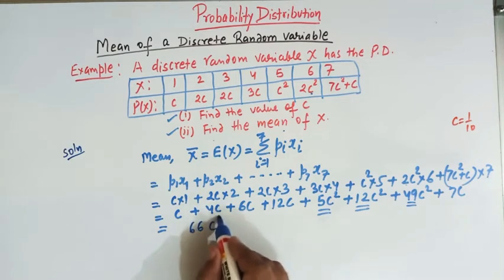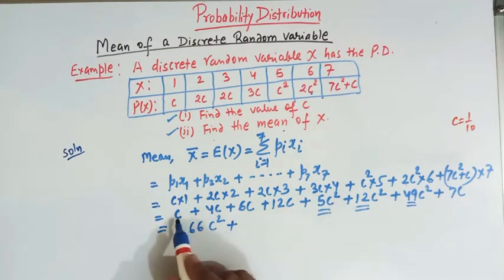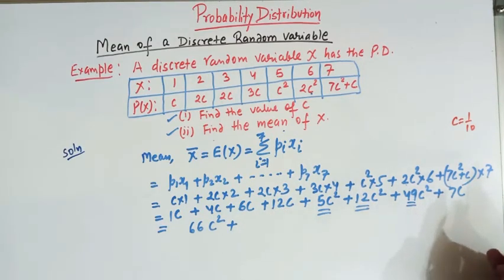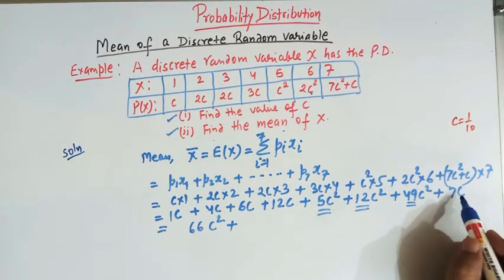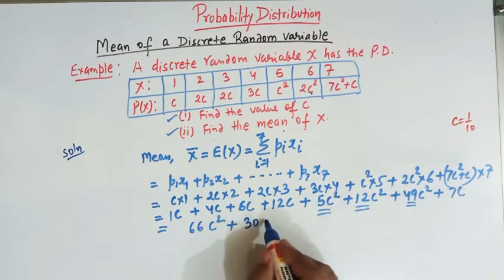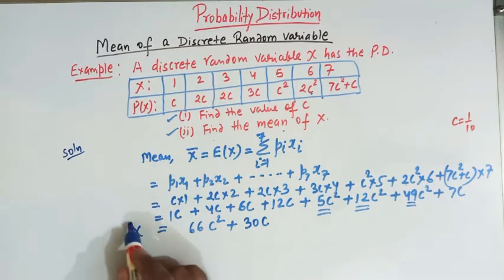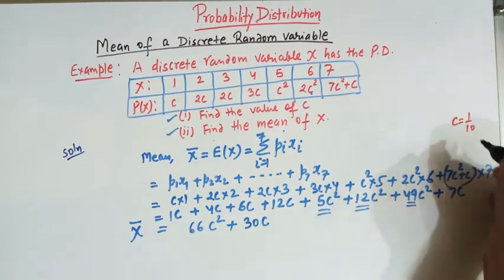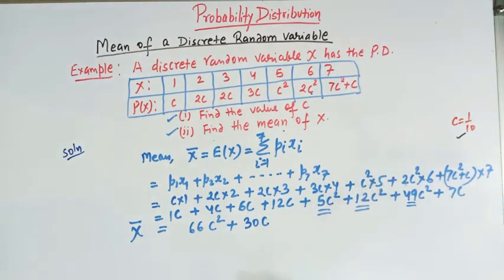So we have 66c square plus, here we have 1, so 4 plus 1 is 5, plus 6 is 11, plus 12 is 23, and 23 plus 7, that is 30c. So the mean is given by 66c square plus 30c. Now we have already obtained the value of c as 1 by 10.